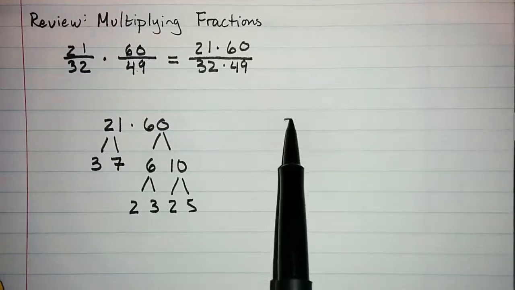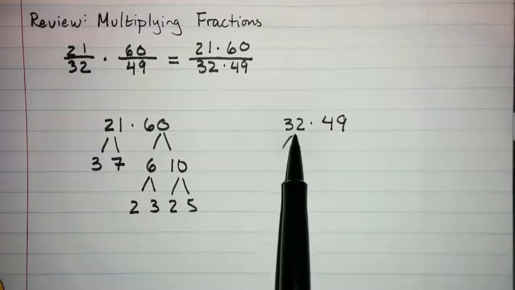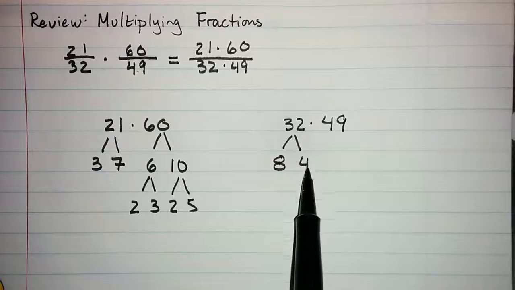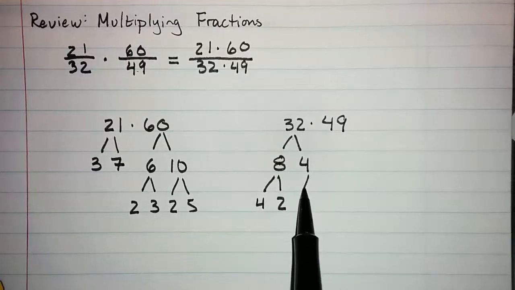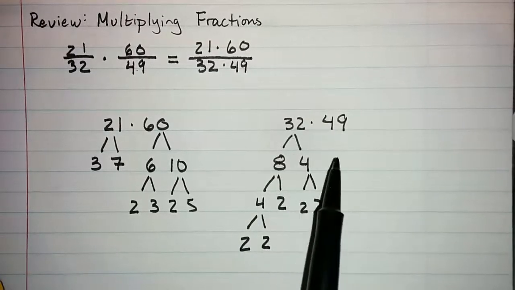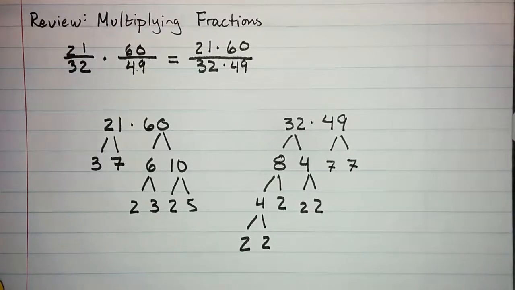My denominator, 32 times 49. Let's see, 32, that's 8 times 4. 8 is 4 times 2. 4 is 2 times 2. This 4 is also 2 times 2. And 49 is 7 times 7.